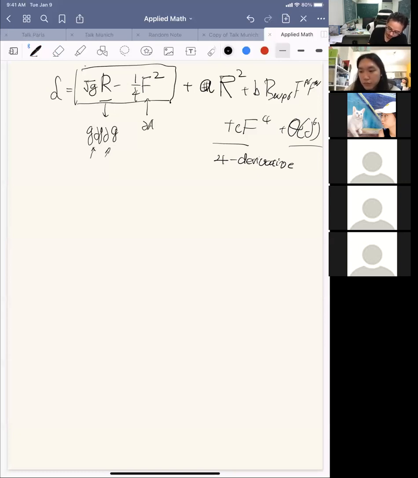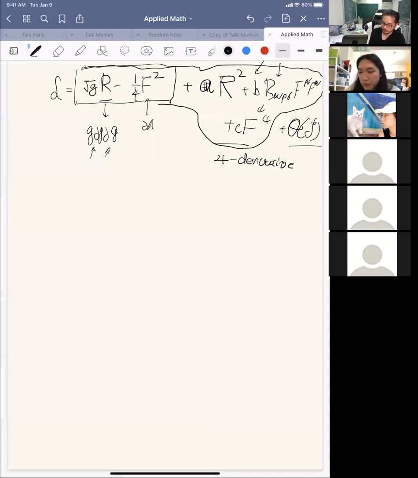Let's say you extend your Einstein-Maxwell theory to include these 4 derivative terms. What does that mean? That means that when you're solving for the equations of motion, your equations of motion are going to be modified by these terms. If your equations of motion are modified, that means your black hole solution is also going to be modified.